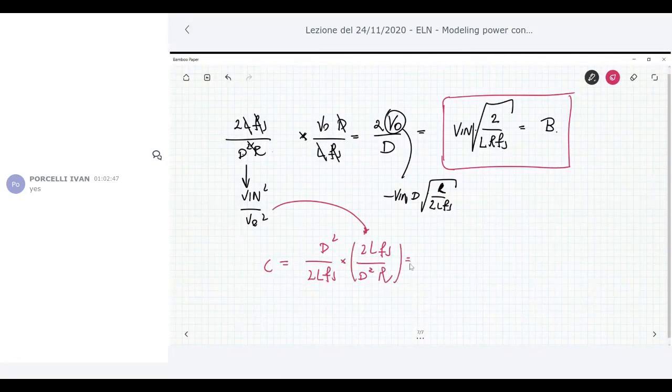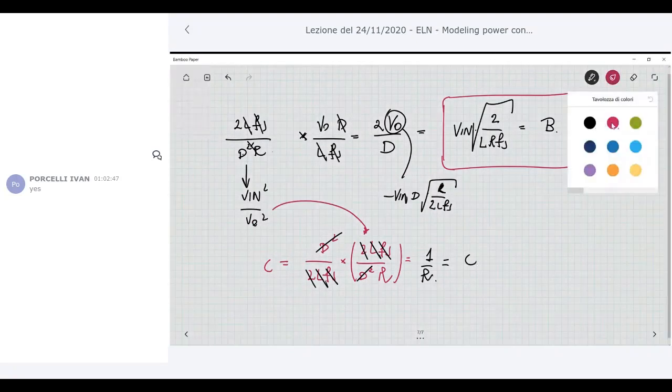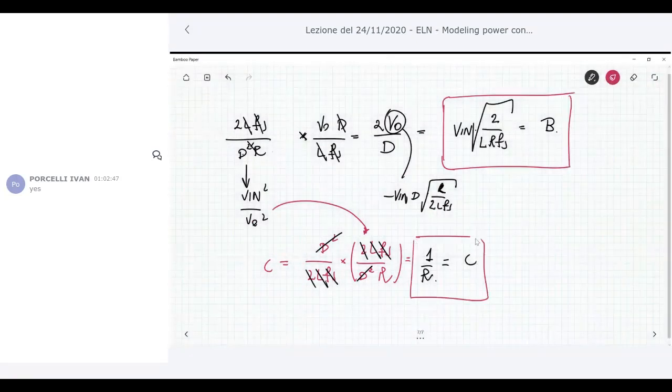What happens here is that these two quantities cancel out, also this square, so it comes that this is 1 over R. So this is C. Okay, we simplified a little bit these two coefficients.